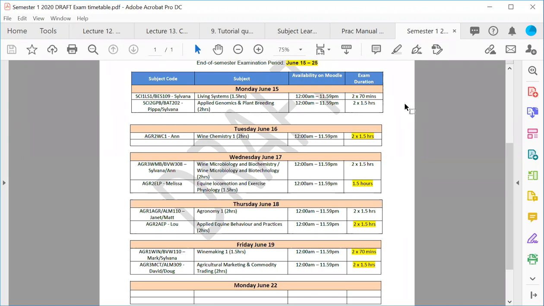Some of those catch-up pracs will be incorporated into subjects in such a way that you're not actually doing a lot of extra work, if any. Other catch-up prac sessions will be organised outside of semester.